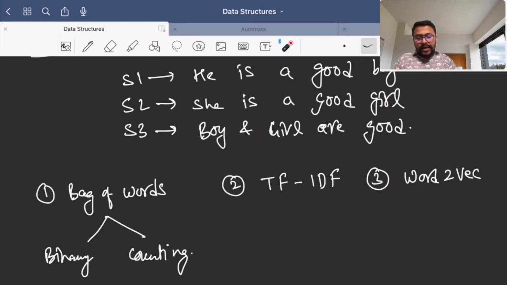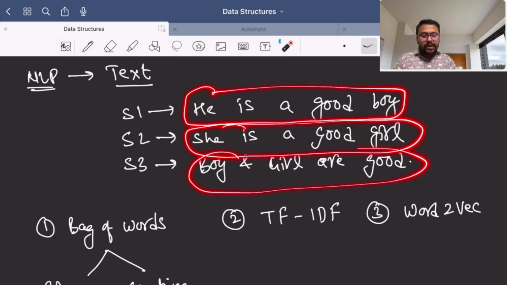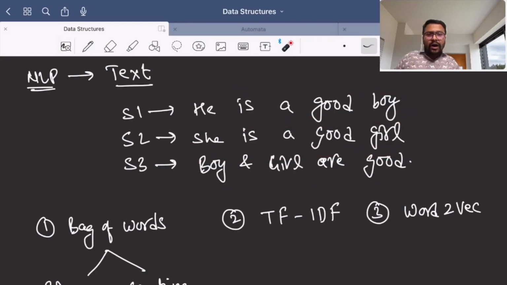First, we have some data: he is a good boy, she is a good girl, boy and girl are good. Out of these sentences, some words are not even related, meaning they are not contributing to the gist of the data set.